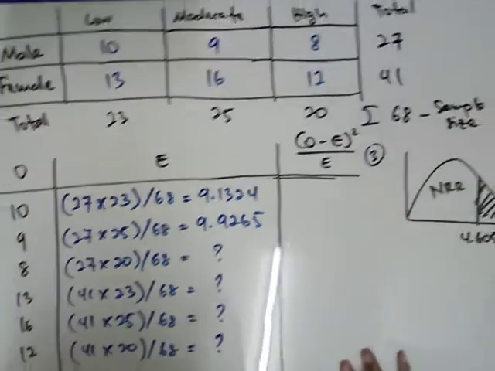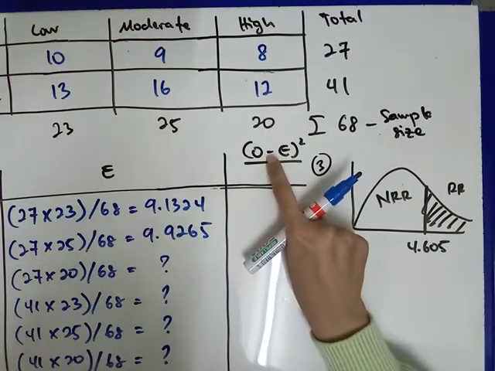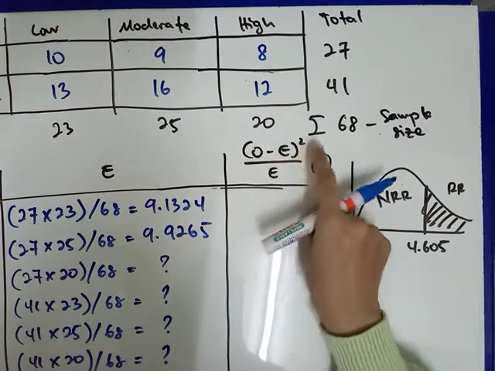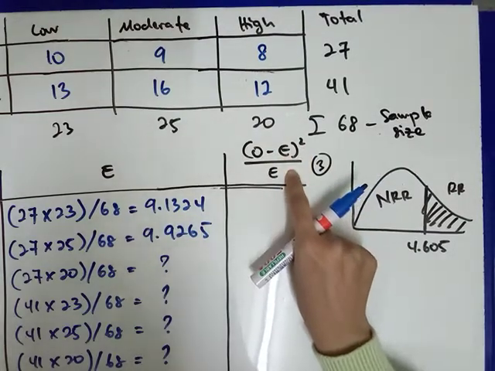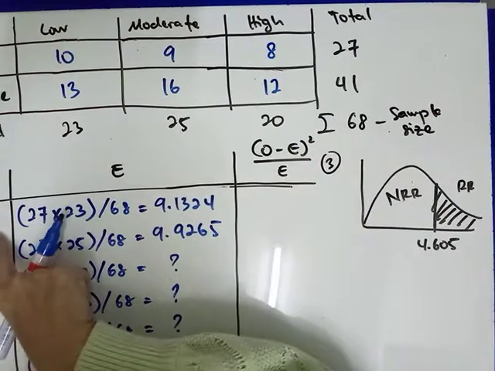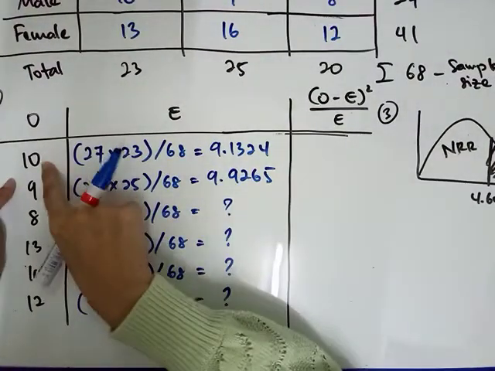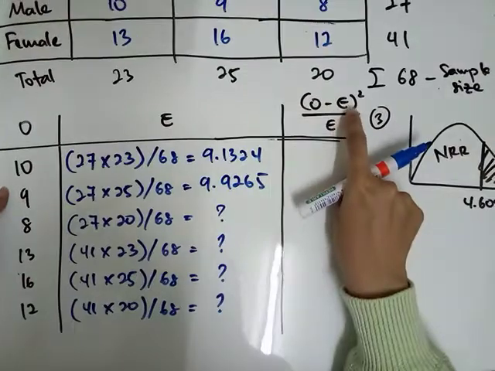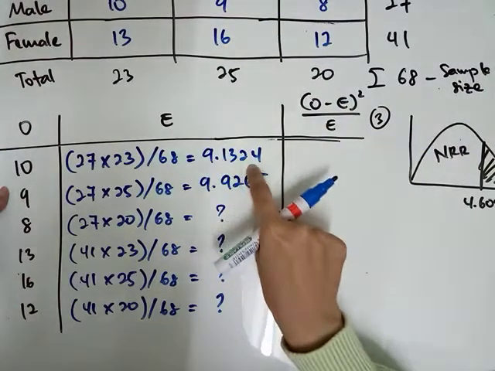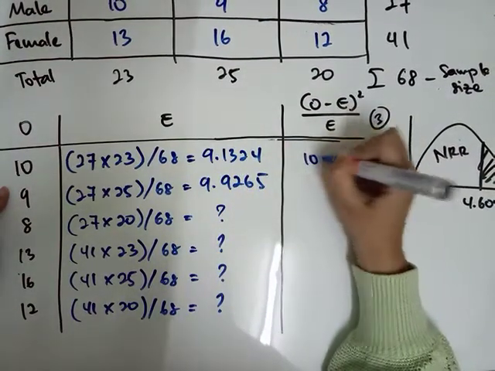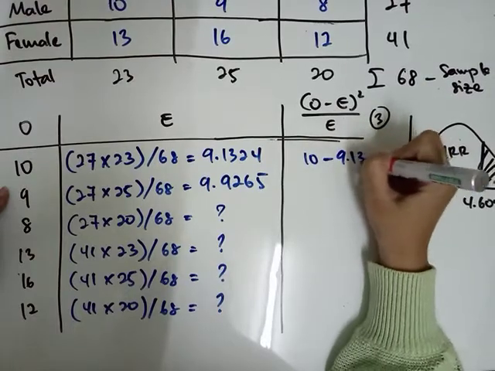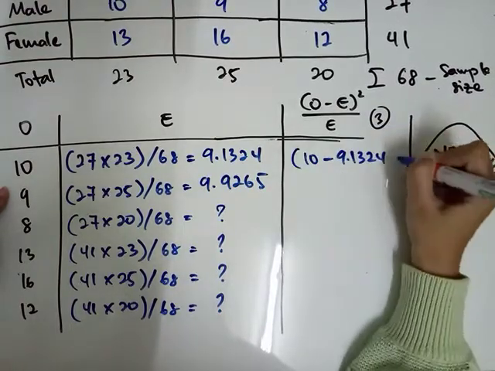Okay, and then awak kena calculate using this formula. O minus E power 2 divide E. So, we know that O is 10. Okay, boleh nampak tak? Okay, sorry. Okay, O is 10. Minus E, which is 9.1324. Okay, 10 minus 9.1324 power 2.